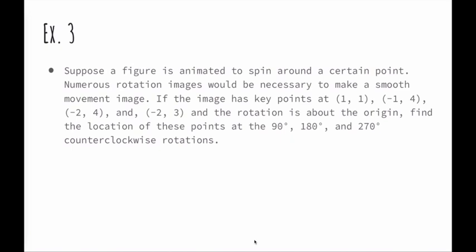So our vertex matrix is 1, 1, -1, 4, -2, 4, and -2, 3. And we want to rotate it about the origin 90, 180, and 270 degrees counterclockwise. So we're going to multiply by the rotation matrix.